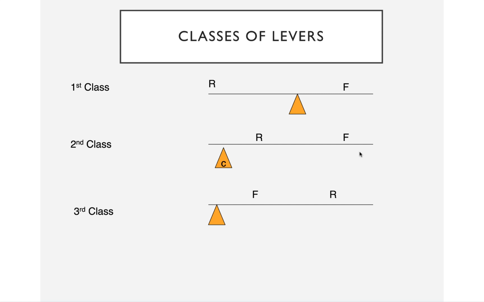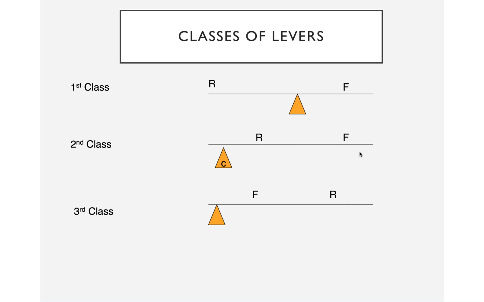So let's look at the first class lever. In the first class lever, the fulcrum is located between the resistance and the force. Notice I said between. I did not say in the middle. You'll notice in this first class lever that the fulcrum, identified by the orange triangle, is not in the exact middle. It's just between the two. You'll also notice that the resistance and the force are not equidistant from the fulcrum.